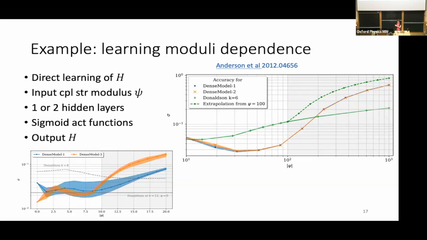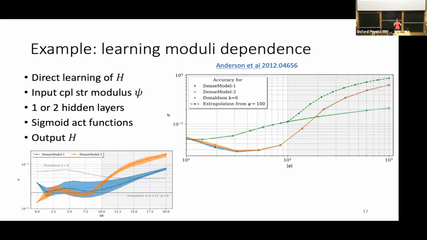And here there are some experiments where dense models with varying number of hidden layers, but very few, 1, 2, or 3 layers, are trained over a range in complex structure moduli with simple dense layers, fully connected, sigmoid activation functions. And the output is H in some particular decomposition.